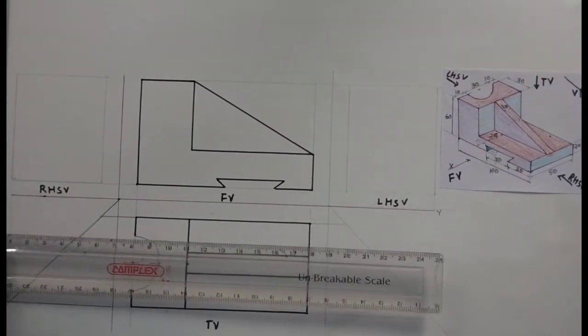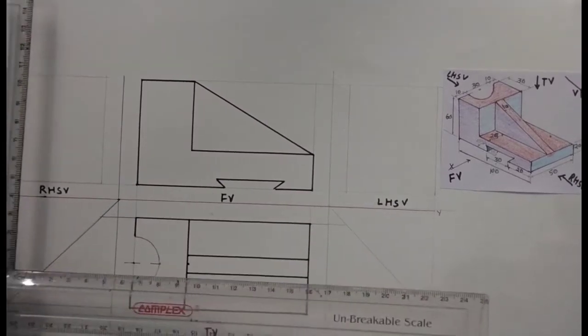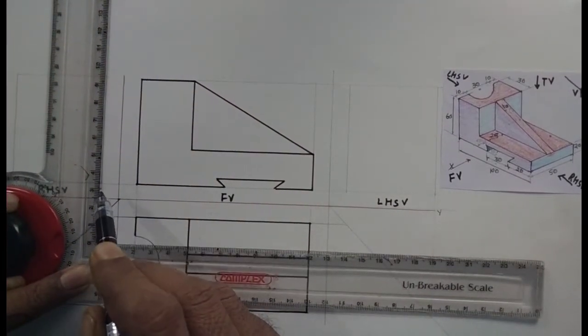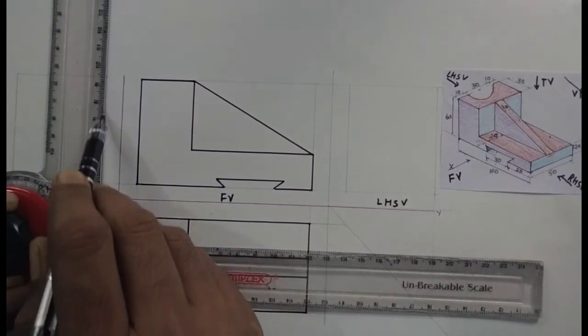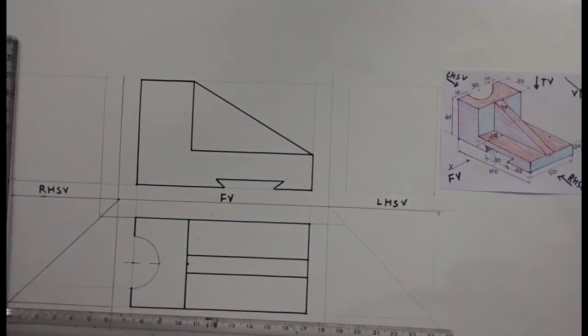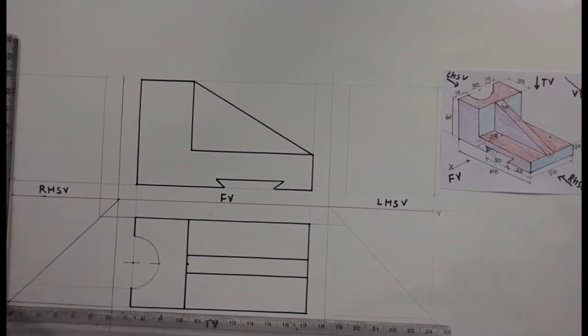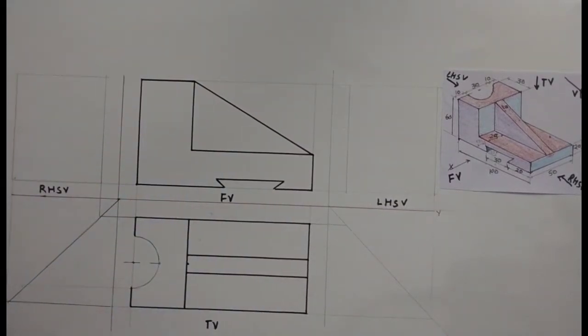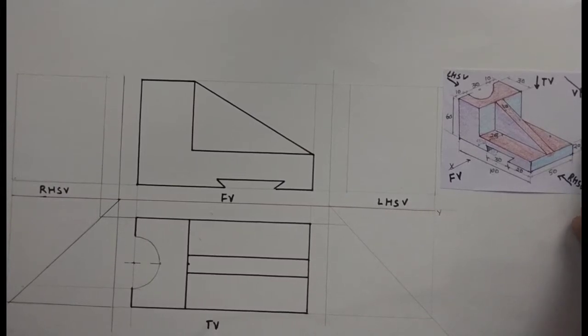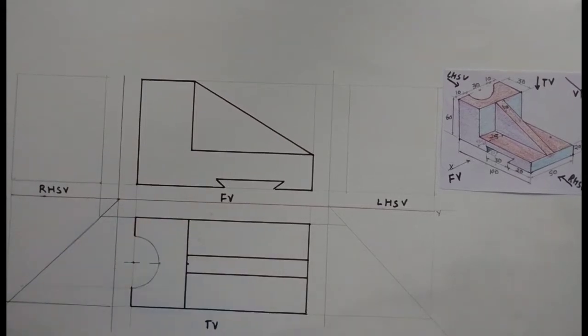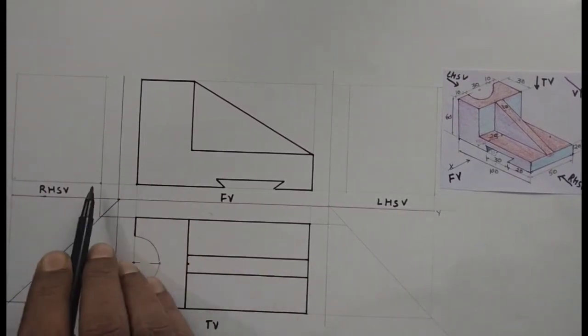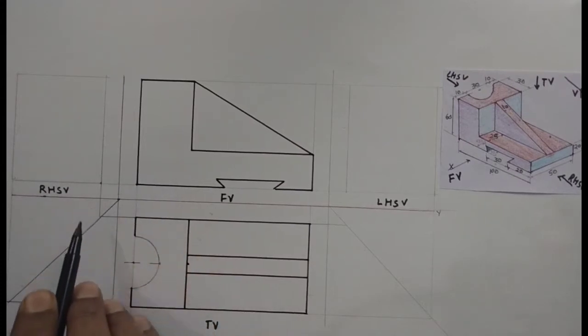So I take the 50 mm, then we move vertically with a light line. Similarly from this point we move vertically with a light line. Then I catch this corner. This corner is nearer to the VP plane and at the bottom in the right hand side view.